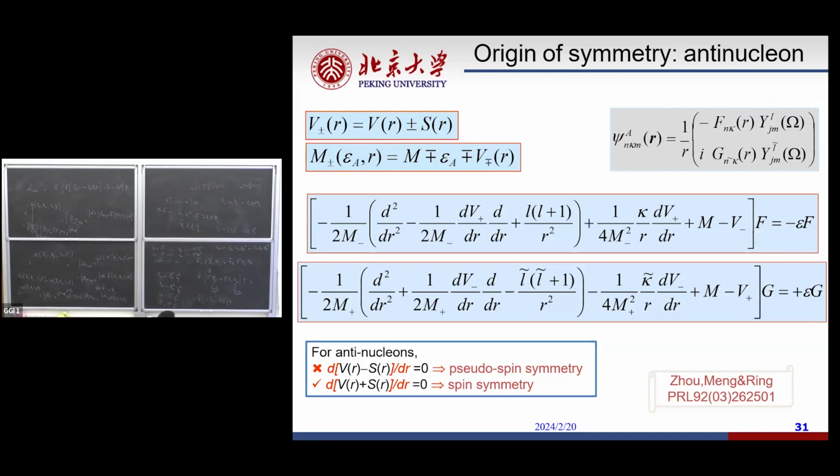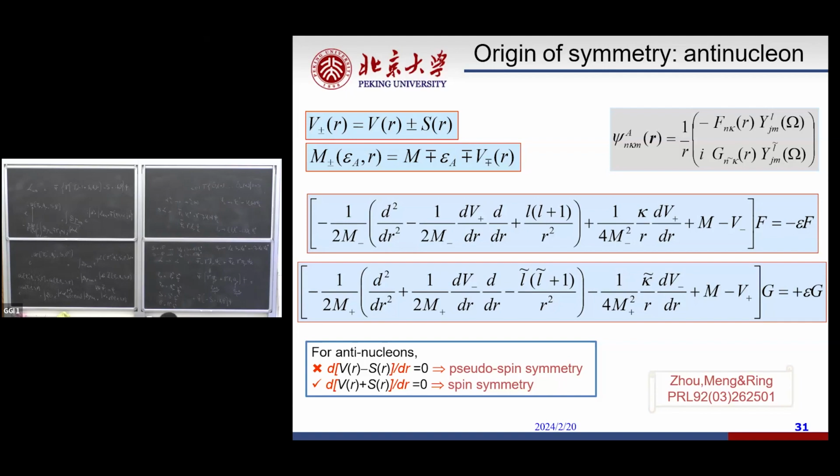For the antiparticle, this is the term which breaks the spin symmetry, right? If this term vanishes, we will have spin symmetry for the antinucleons. And if these terms vanish, we will also have pseudo spin symmetry for the antinucleons.